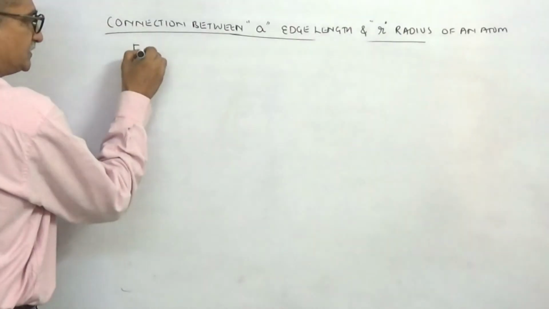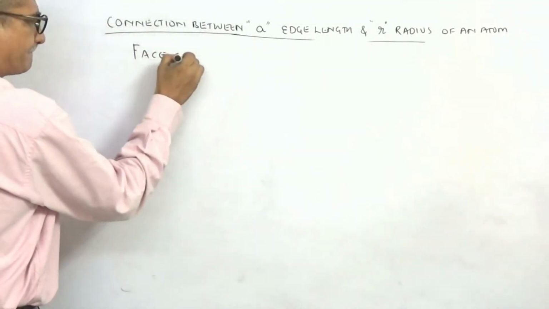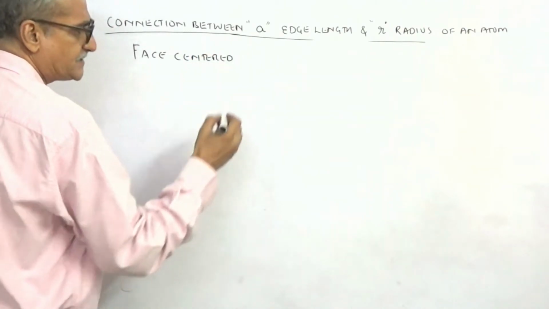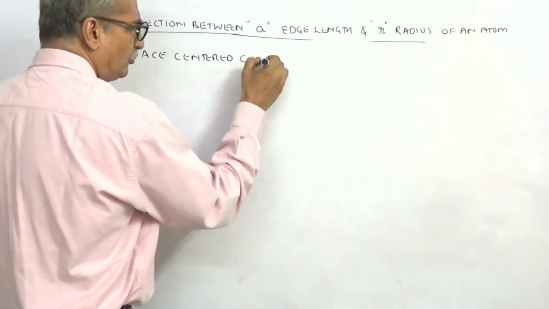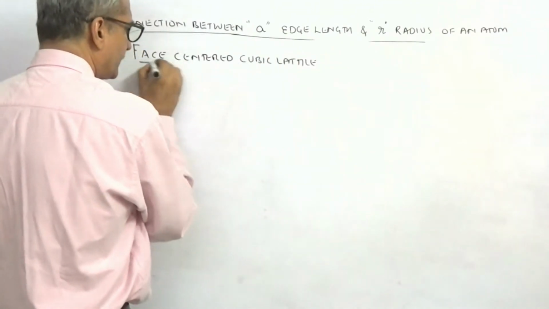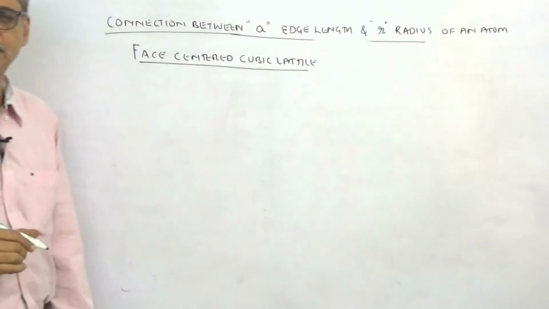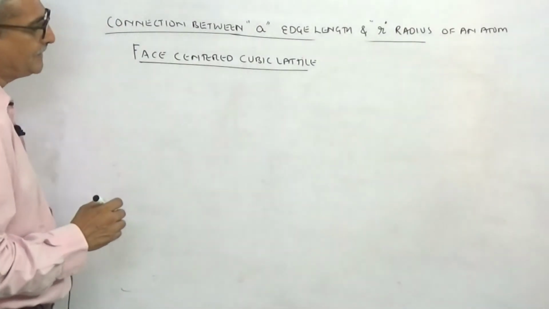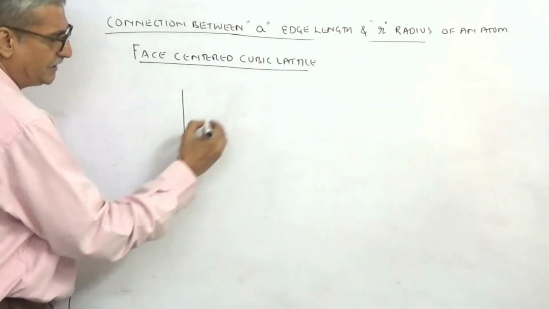Is this clear? Now, face centered cubic lattice. Face centered cubic lattice. Is this clear? Now in face centered cubic lattice, again what happens?